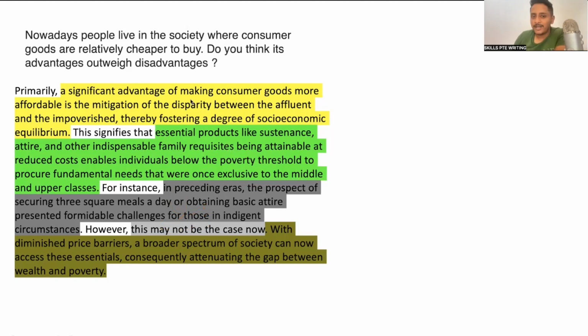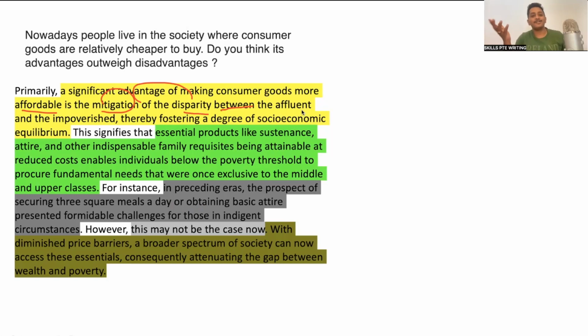A significant advantage of making consumer goods more affordable is the mitigation, reduction, stopping of the disparity between the difference. Reduction, reducing the gap between rich and the poor to some extent. Because rich is known to have earlier good clothes, poor were not having clothes.